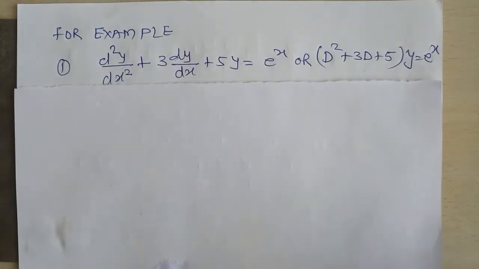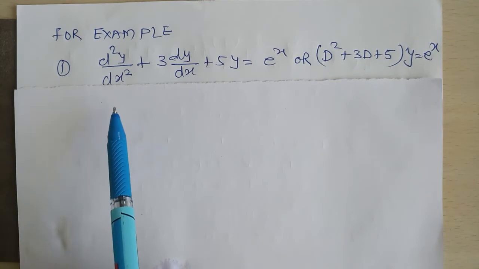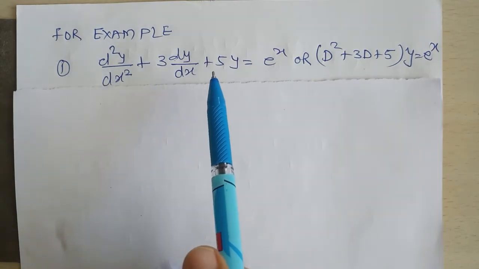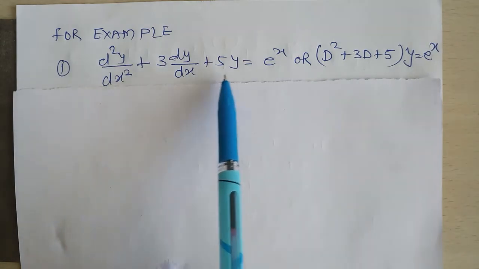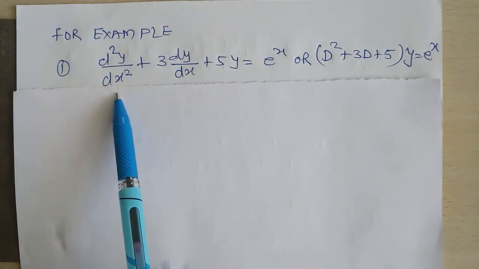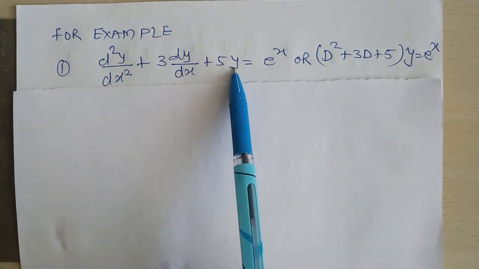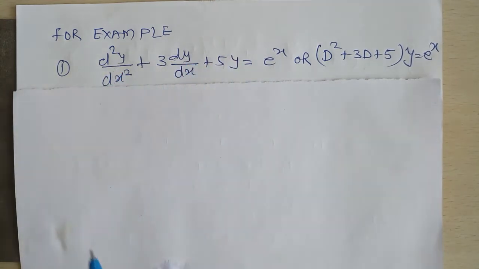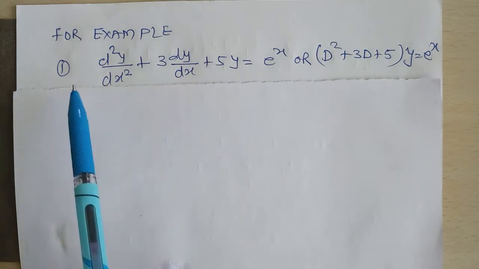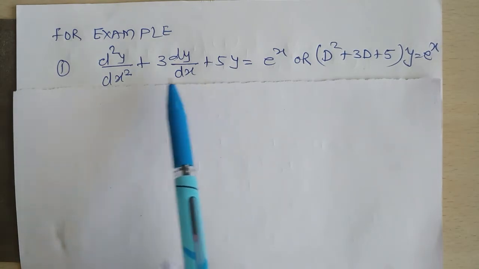So we can express the linear differential equation with constant coefficient in derivative symbol D also. For example, d2y by dx2 plus 3 dy by dx plus 5y equal to e power x. This is linear because the dependent variable y has power 1, dy by dx has power 1, d2y by dx2 has power 1, and there is no multiplication term of y and its derivative.